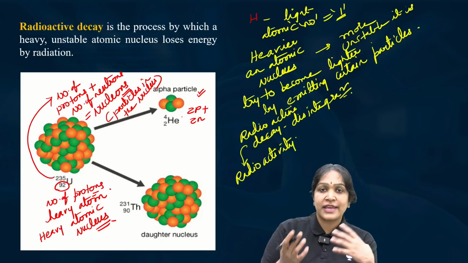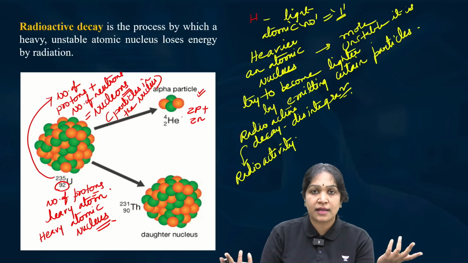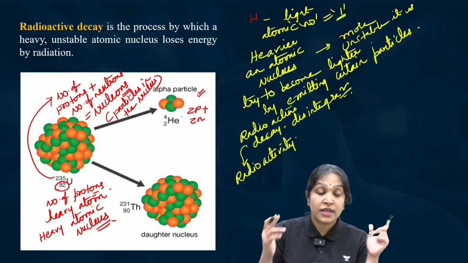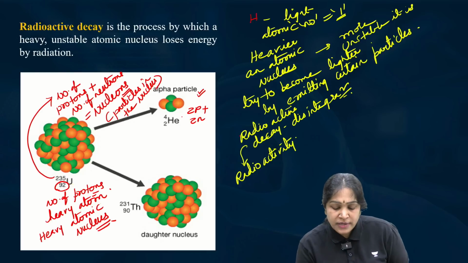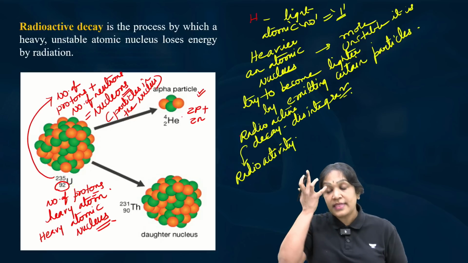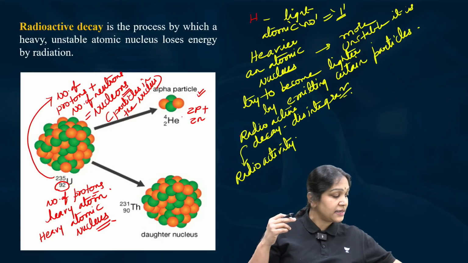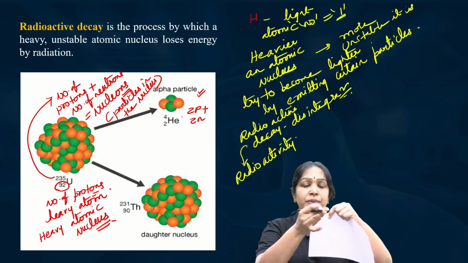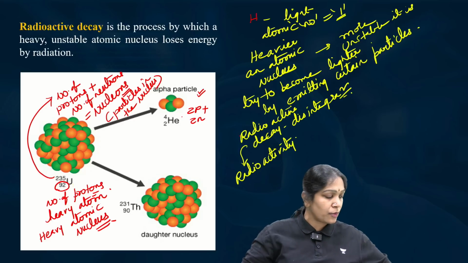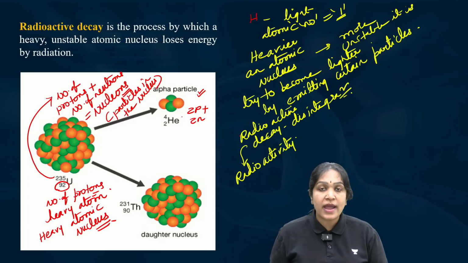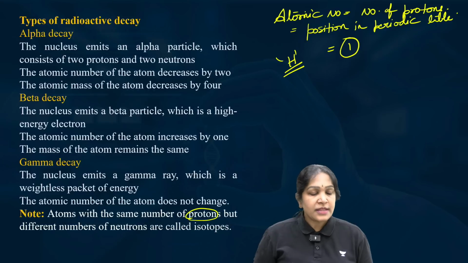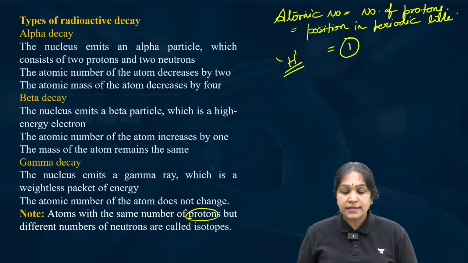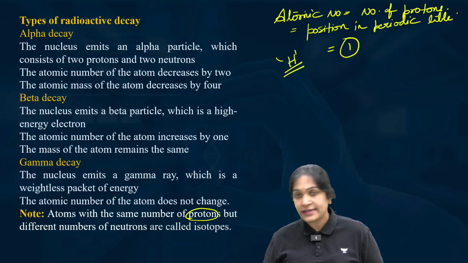Hydrogen, helium, lithium, beryllium, carbon are not radioactive. Uranium, thorium, plutonium, which are having more number of protons, are radioactive. They emit particles to become smaller, lighter and more stable. That is called radioactive decay or radioactivity. Now, we understood radioactivity. Now let us try to understand the types of radioactivity.